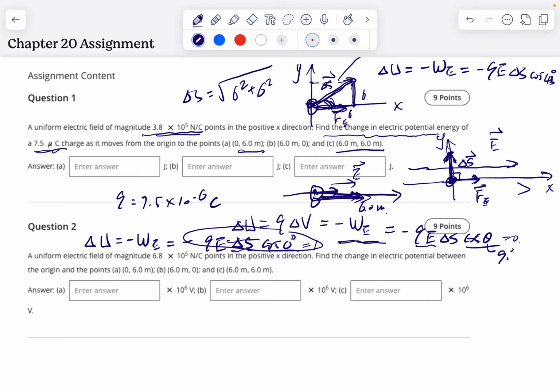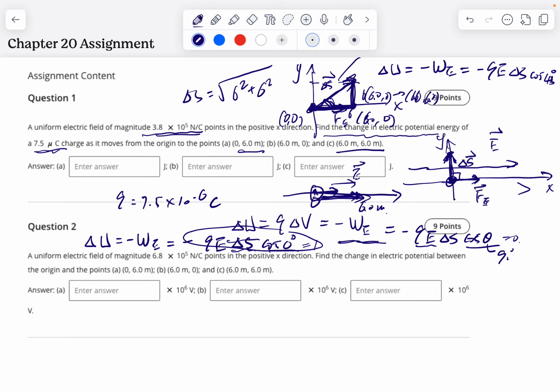Also, you can do it this way. You can move the charge from here to here through this displacement, from 0, 0 to 6.0, 0, and then from 6.0, 0 to 6.0, 6.0.